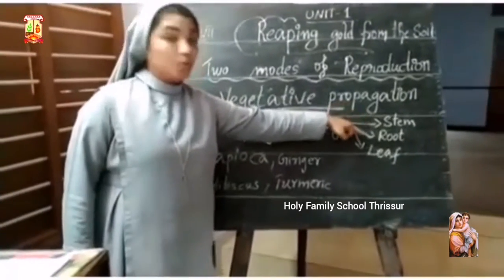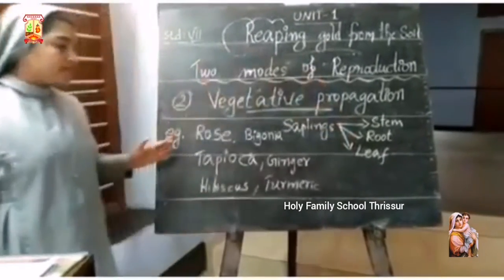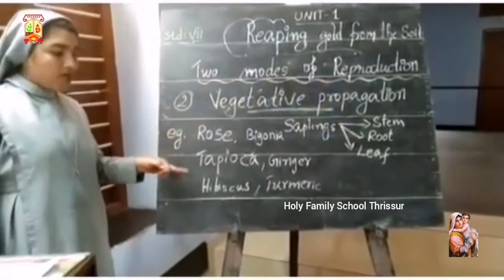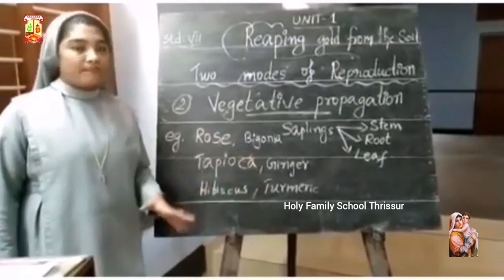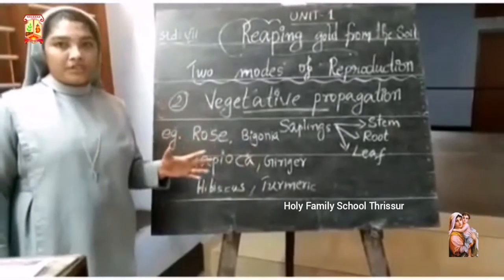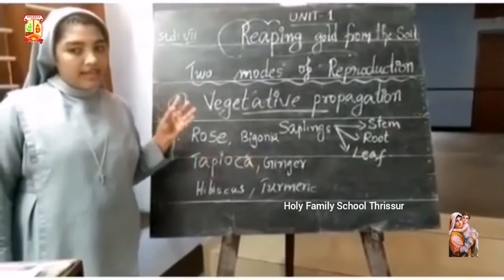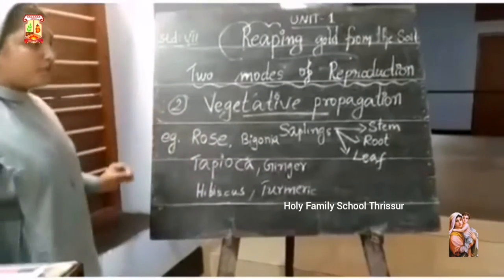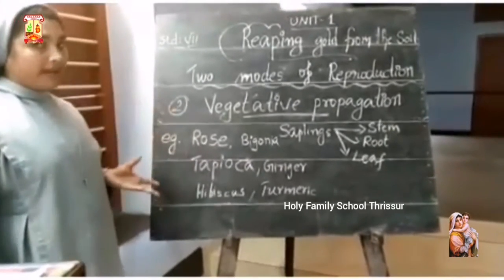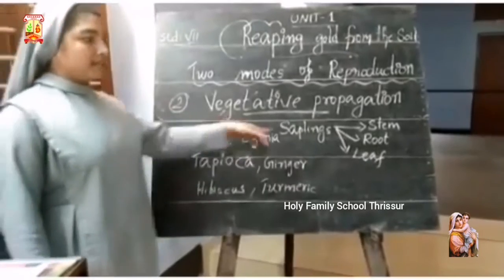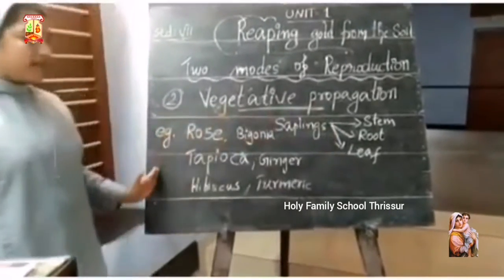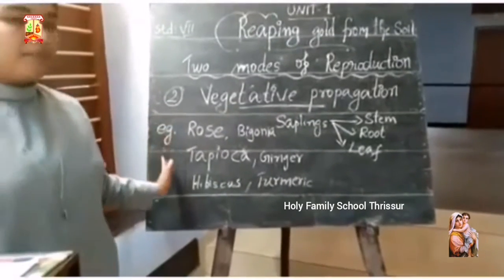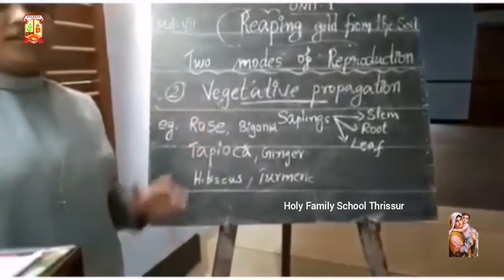Examples: rose, tapioca, hibiscus, begonia, ginger, turmeric, etc.